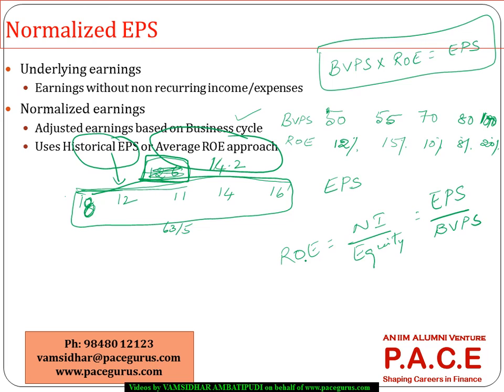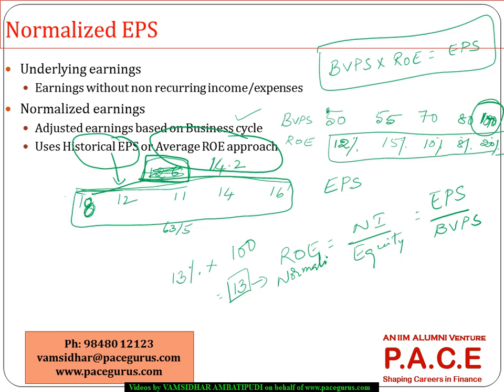So I can estimate EPS based on BVPS and ROE. The normalized EPS will come out as follows: I take the average ROE during the period, 12 plus 15, 27 plus 10, 37, 8, 45, 20, 65. 65 by 5, 13% is the average ROE during the period. Multiply by the book value per share for the recent period. Based on this, I'll say that 13 is my normalized EPS.